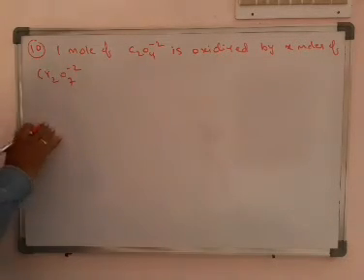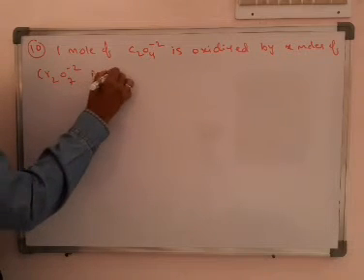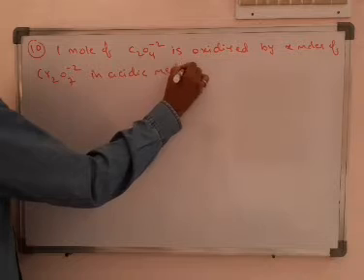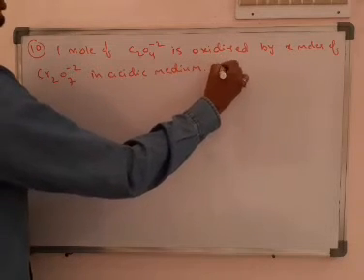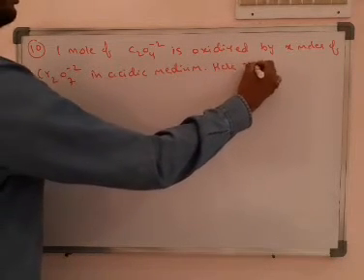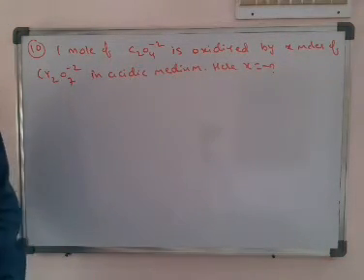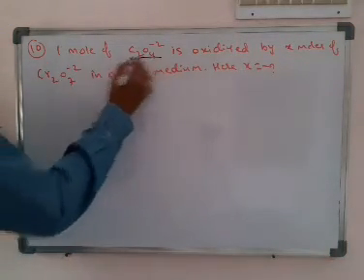This is the dichromate ion in acidic medium. I have to find what X is. So again the same model, just here the agents are different.